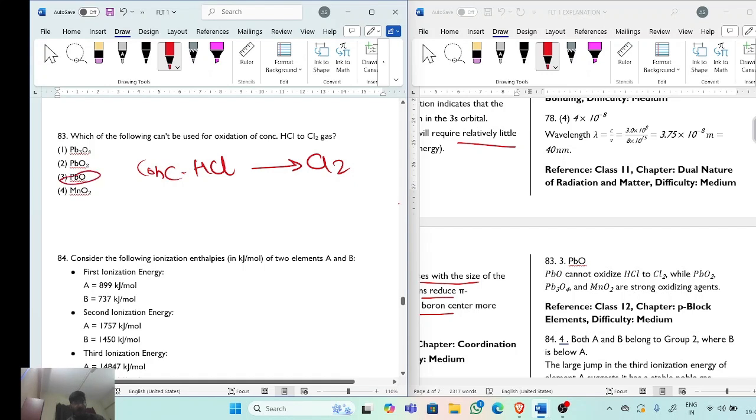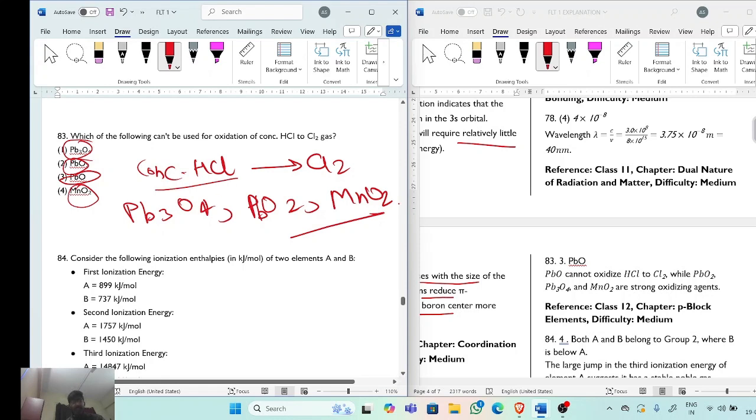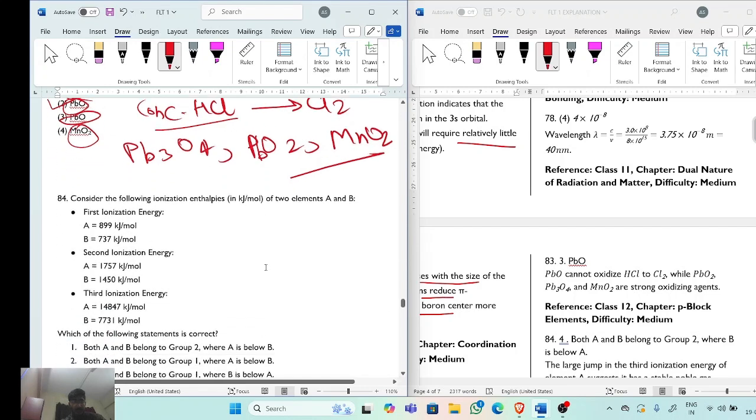But Pb3O4, PbO2 and MnO2 are strong oxidizing agents, so they can be used for converting concentrated HCl to chlorine gas. But PbO is not a strong oxidizing agent, hence it can't be used. So option number 2 is our correct answer.